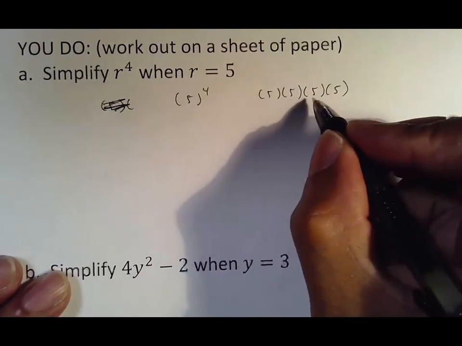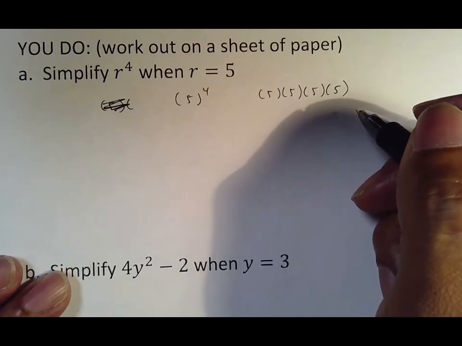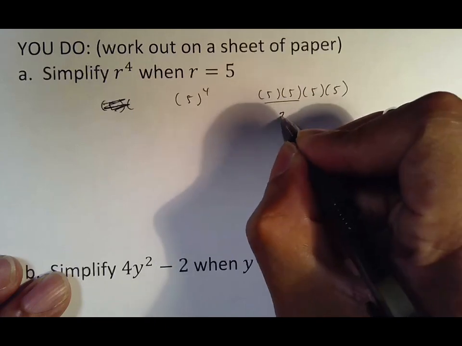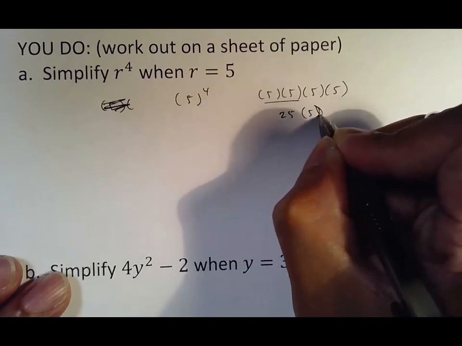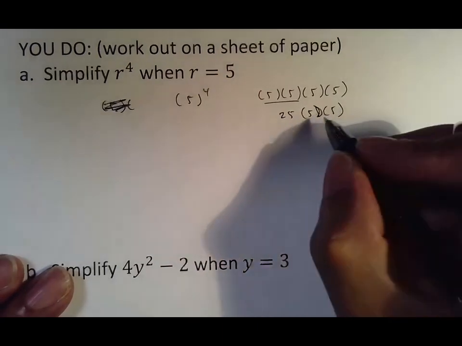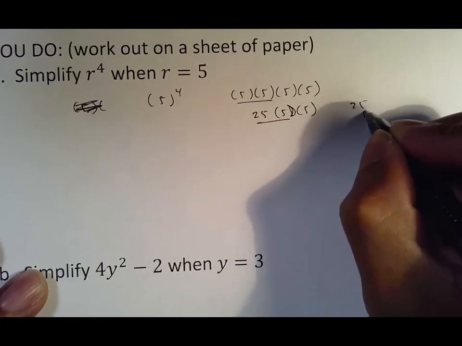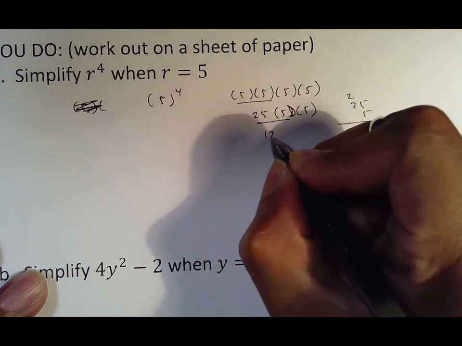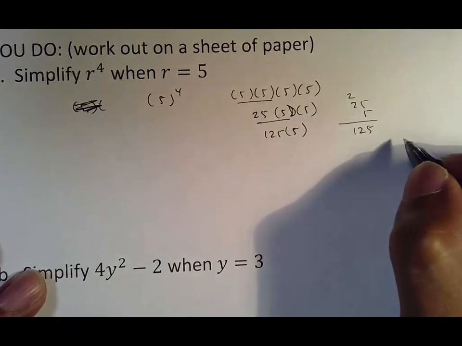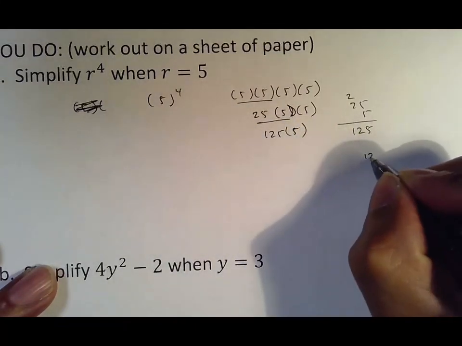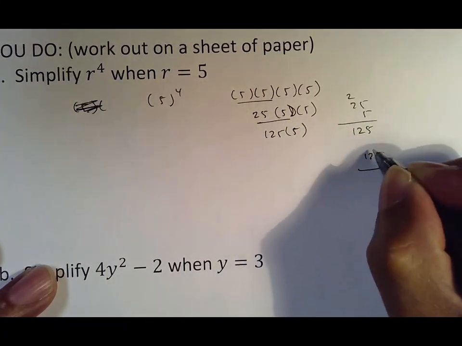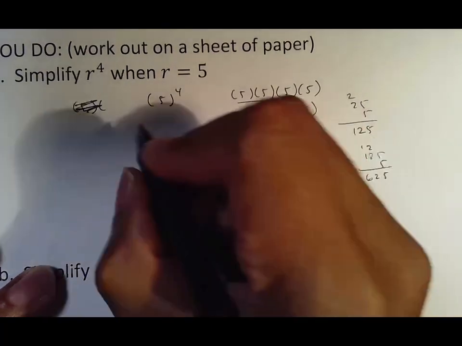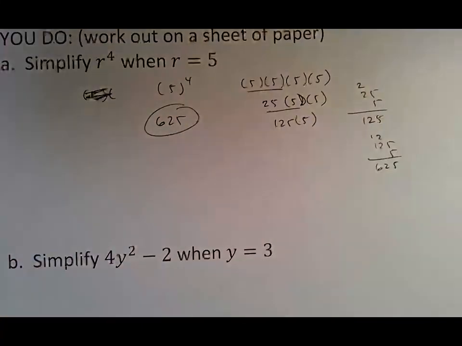I can group up my 5s, or depending on how good you are with your multiplication, I'm going to go ahead and do my 5 times 5 first, which is 25, 5, and 5. 25 times 5 is 25, carry the 2, 10, 12, which is 125 times 5. And then I'm going to do 125 times 5, which is 25, carry the 2, 10, 12, carry the 1, 5, 6. 625 should be my answer there.